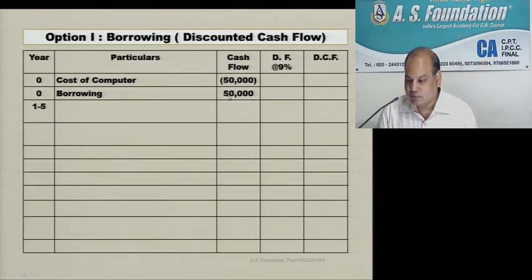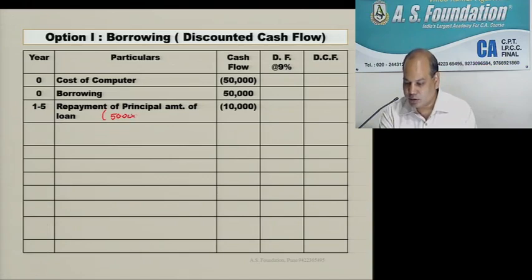Then years 1-5, repayment of principal amount of loan. How much will you write? 10,000 in bracket. Why 10,000? 50,000 divided by 5 years, 10,000.